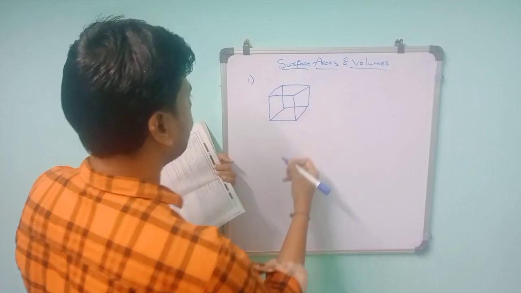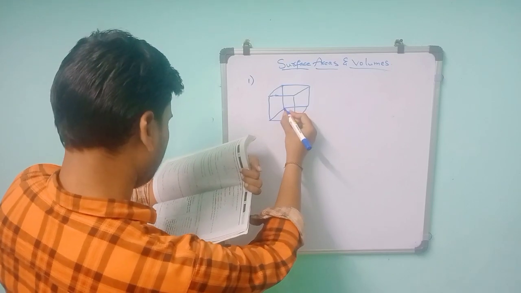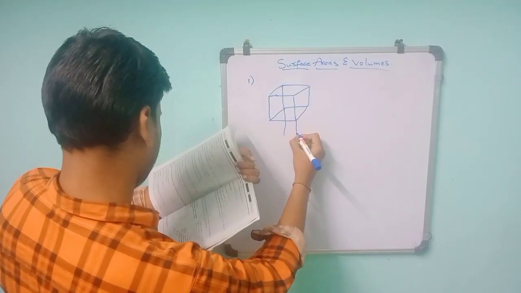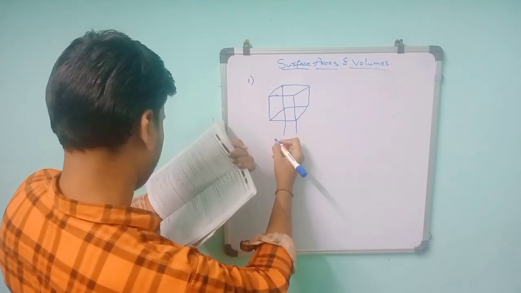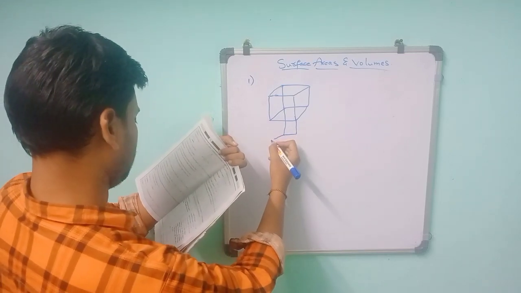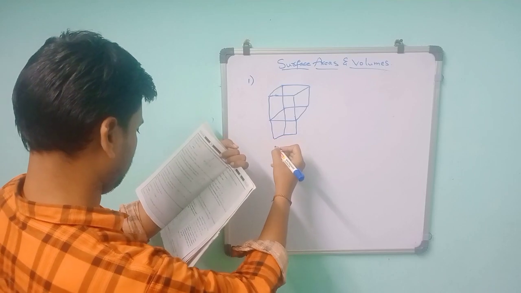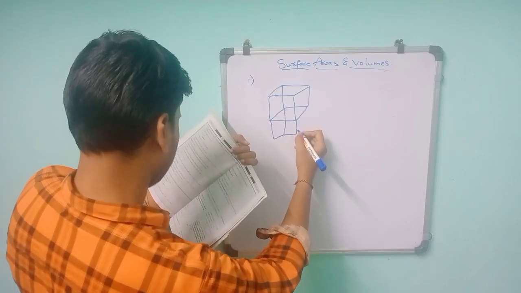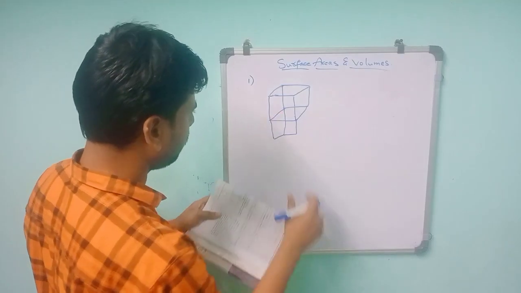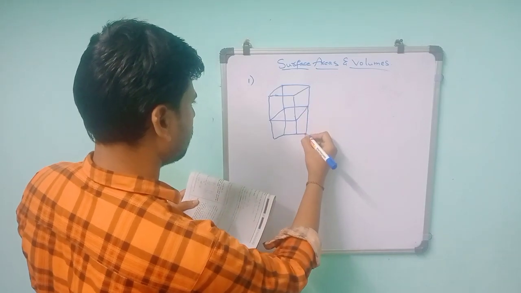This is one cube. They told two cubes. If you extend this one, we get the second cube.